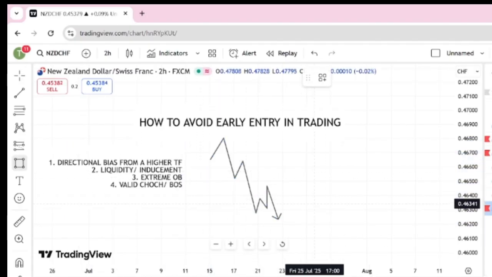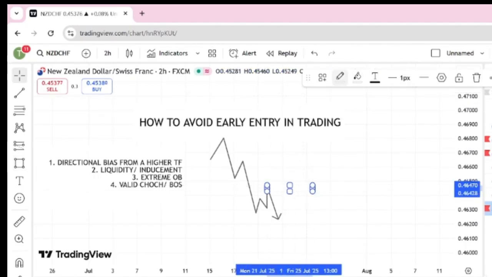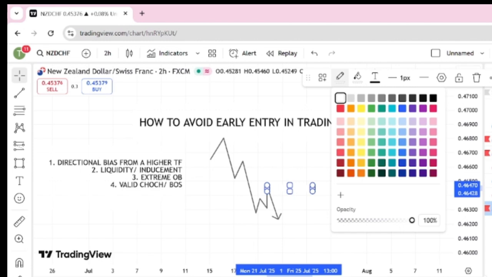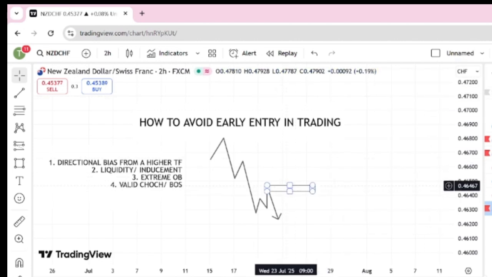They'll come to this point and mark here as their order block. But if you mark here as your order block, you have no inducement before this point.